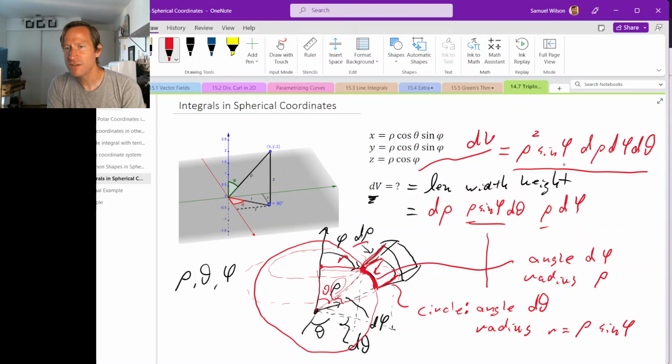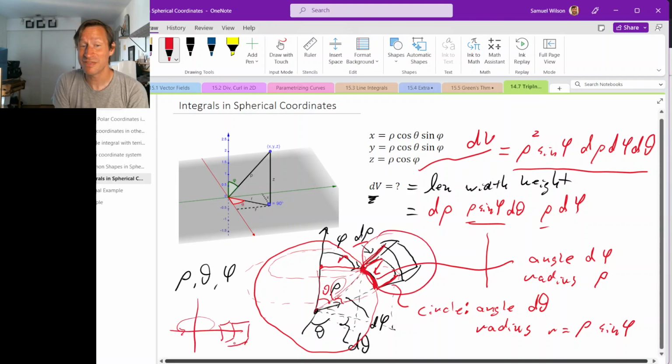So there's one of these boxes out here, right? And what is changing theta going to do? Well, theta is going to rotate this box around the z-axis, but the shape of this box isn't going to change as it travels around. So the shape of this box shouldn't depend on theta because this box doesn't change when you change theta. So it makes sense that theta doesn't show up in this expression.